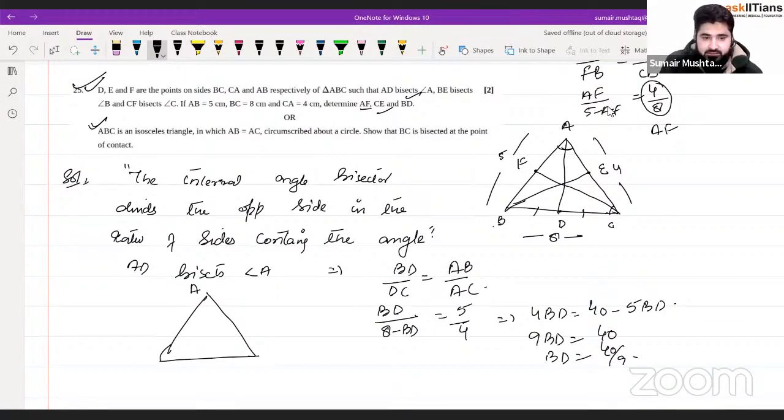This is A, this is B, this is C. This is an isosceles triangle circumscribed about a circle. That means the triangle is outside. Show that BC is bisected at the point. Suppose I will take these points D, E, F. See how easy this question is.